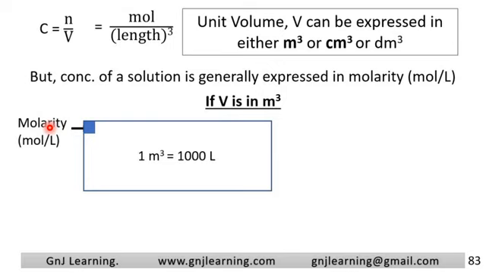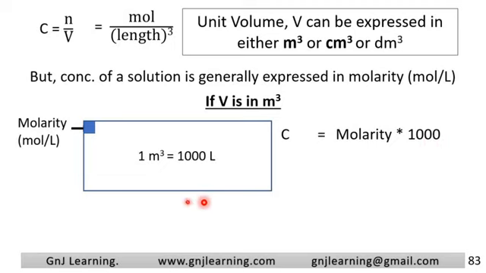That means if C is expressed in mole per meter cube, but the concentration of the solution is given in molarity, then how can we express this molarity in meter cube? It is like this. C is equal to molarity, given in mole per liter, multiplied by 1000.